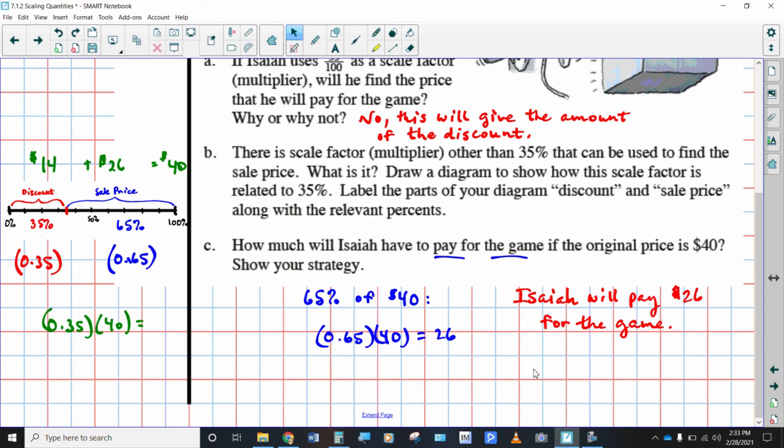All right, we'll be doing a lot more work with this throughout Chapter 7. We're going to apply this to sales tax, to markups and discounts, to sales commissions. We're going to do a lot of different activities where we come up with a couple of different multipliers that we could use for a given situation, and then choose which one we should use to solve the problem most efficiently. By the end of Chapter 7, you should be an expert at percent problems.